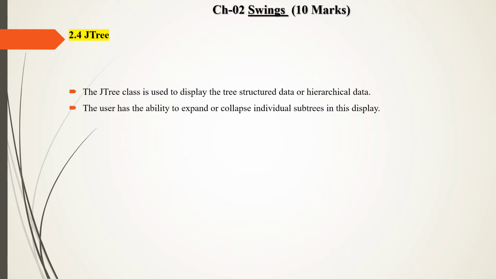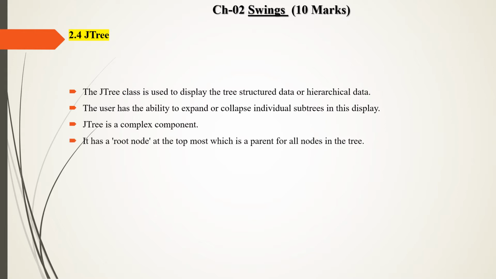The user has the ability to expand or collapse individual subtrees in this display. The JTree is a complex component. It has a root node at the topmost, which is the ancestor of all nodes in the tree.